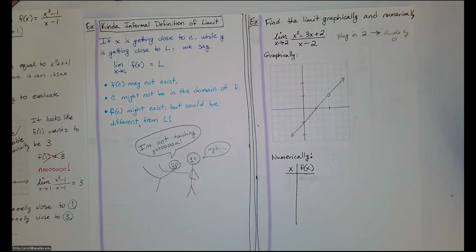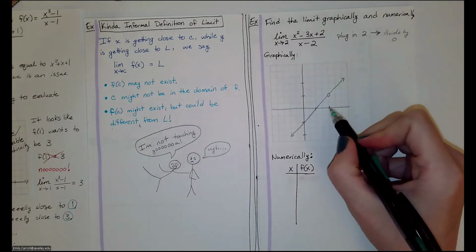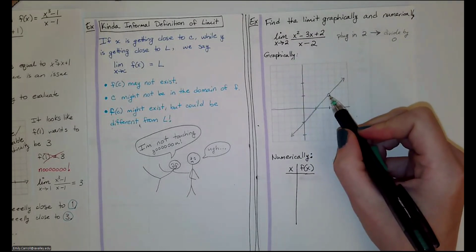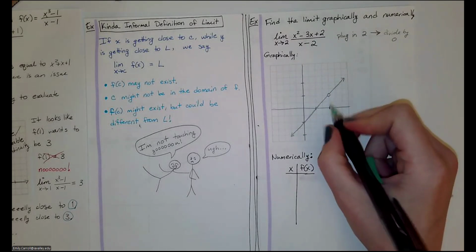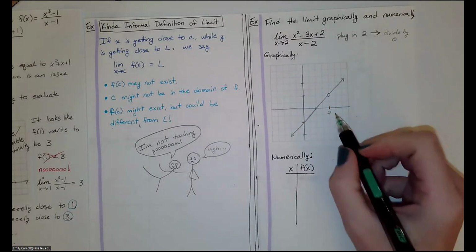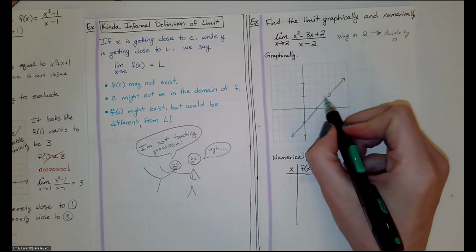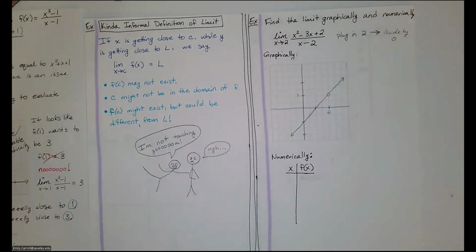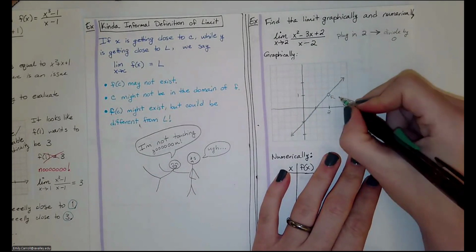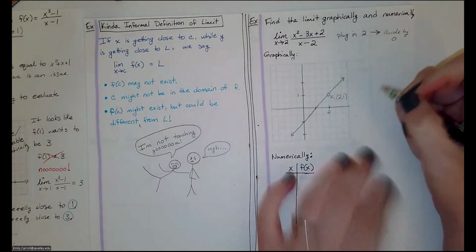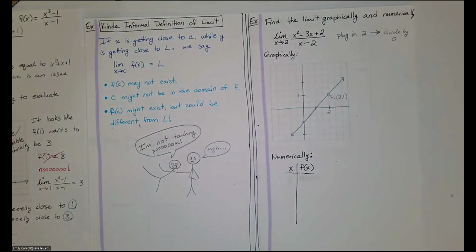Okay, just like in the previous example, that looks like it wants to go to 1, right? So when the x is trying to be 2, the y is trying to be 1 because the coordinates of this point are 2, 1. This is another one where it has a hole or removable discontinuity.